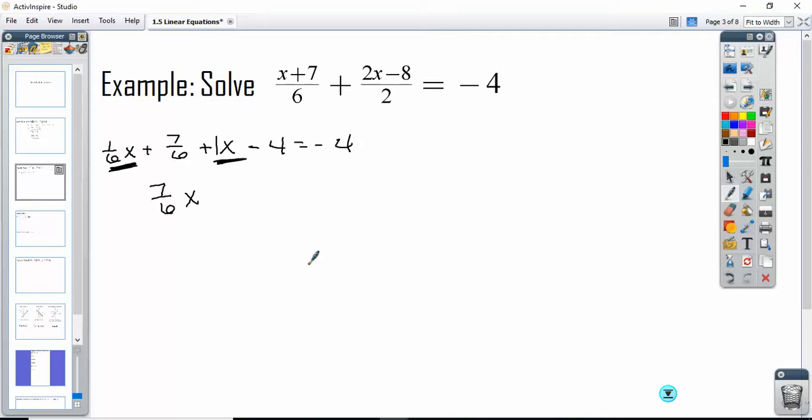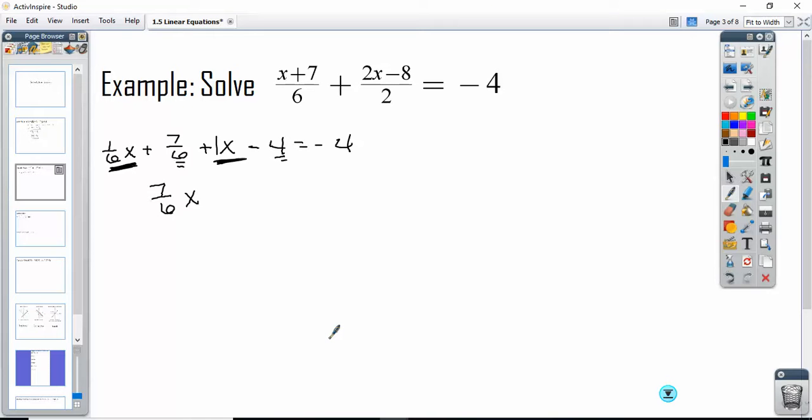What do you want to do next? What else do I need to do here? 7/6 plus negative 4. Okay, grab your calculator.